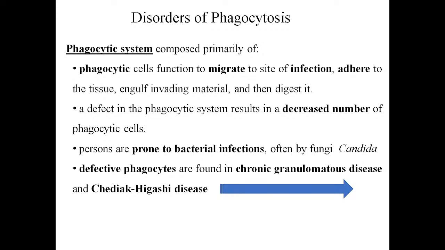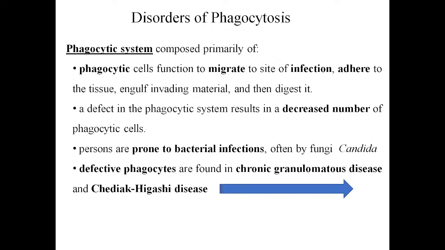Candida is an opportunistic fungus that is always present in the human organism, in small amounts in the vagina and mouth. They multiply when normal microflora is destroyed. Defective phagocytes are found in chronic granulomatous disease and Chediak-Higashi disease.